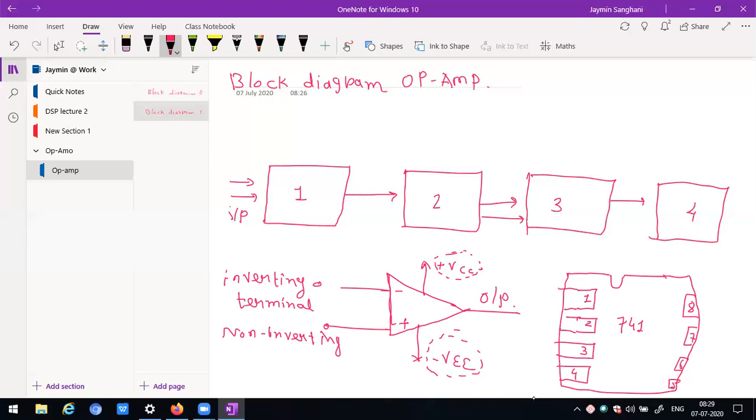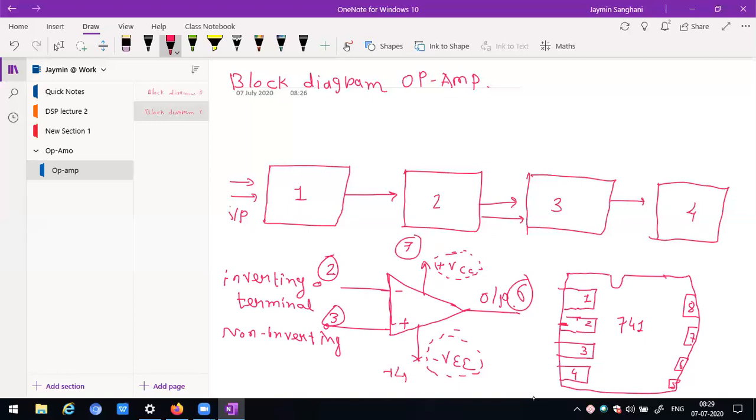Now second terminal means what? It can be considered as an inverting terminal, number 2. Here it can be considered as number 3. Output can be taken from number 6. Pin number 7 acts as plus VCC. Pin number 4 acts as minus VEE.